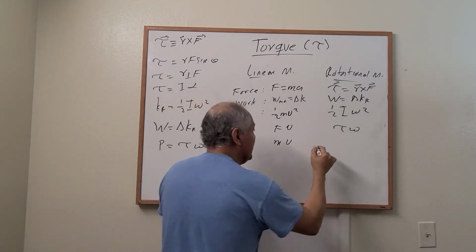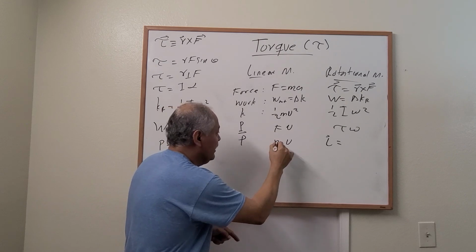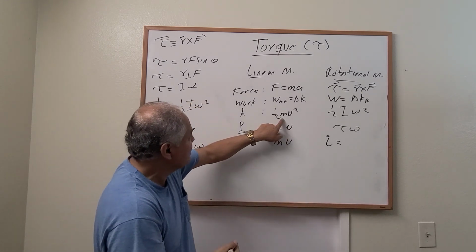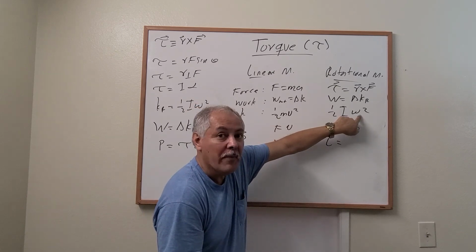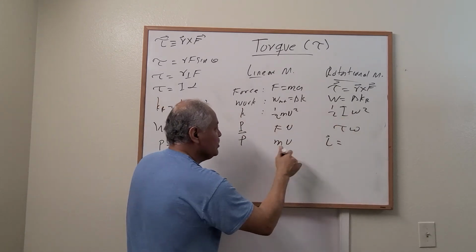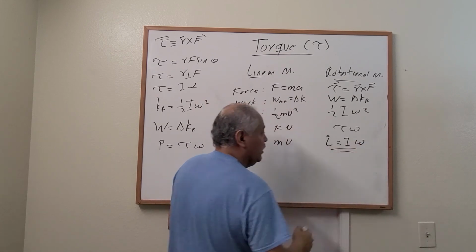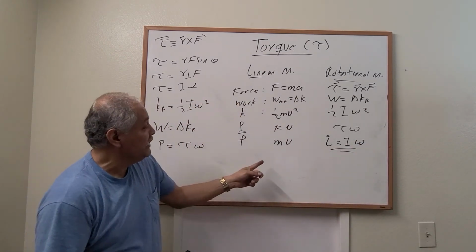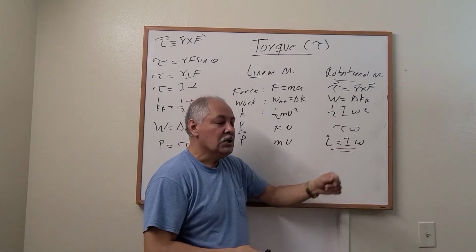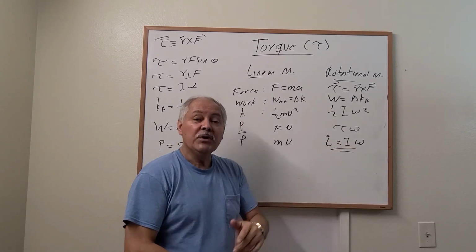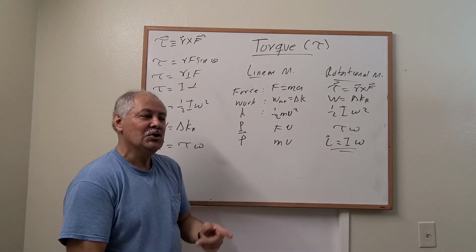The angular momentum is L. As you can see, these quantities are related: mass goes to moment of inertia, and v goes to omega. From here we can deduce that angular momentum is just moment of inertia times omega. Okay, and with this we finish this section on torque. See you in the next one.